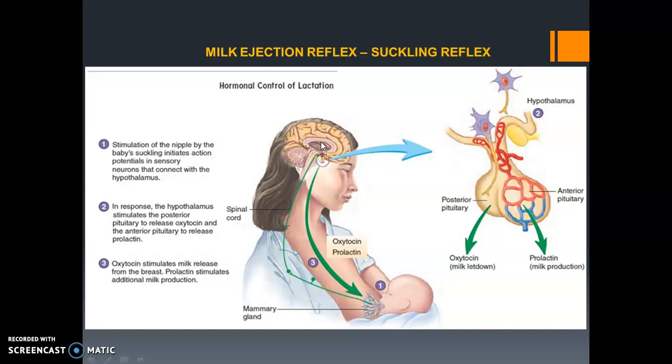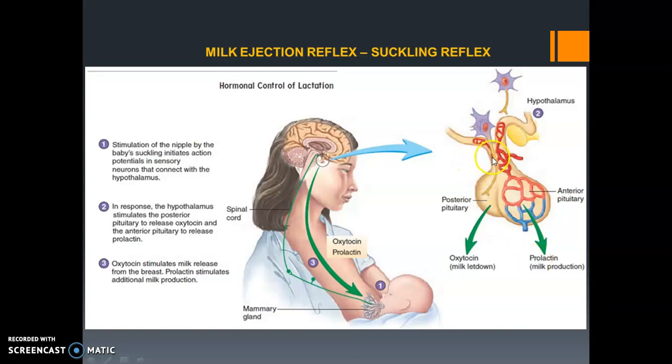So the hypothalamus will now release the prolactin releasing hormone, and this prolactin releasing hormone is carried to the anterior pituitary gland. The anterior pituitary gland produces the hormone prolactin, and this prolactin hormone will cause the synthesis and secretion of milk by the alveolar cells in the mammary glands.